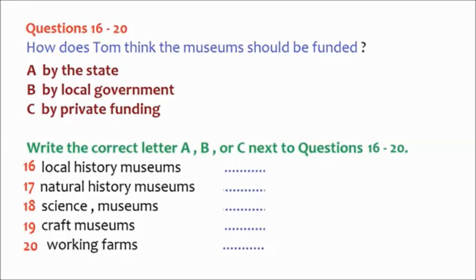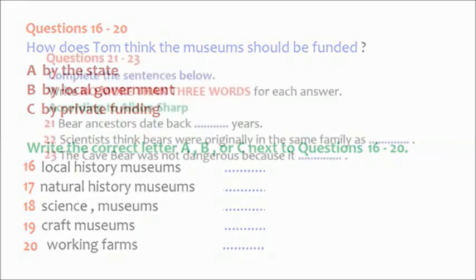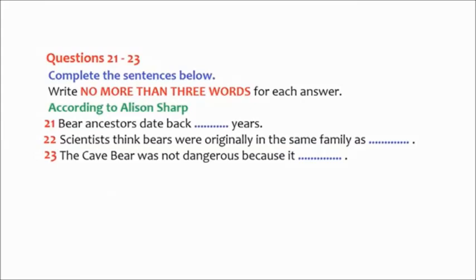That is the end of part 2. You now have half a minute to check your answers. Now turn to part 3. Part 3. You will hear an interview with a wildlife specialist called Alison Sharp talking about bears. In the first part of the discussion, they are talking about the history of the bear.